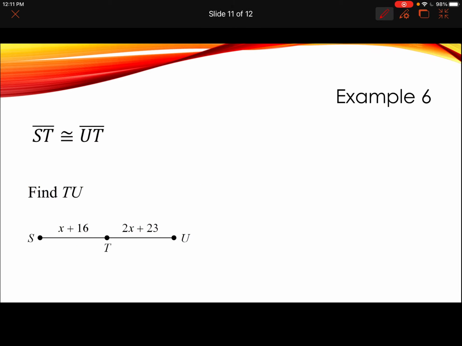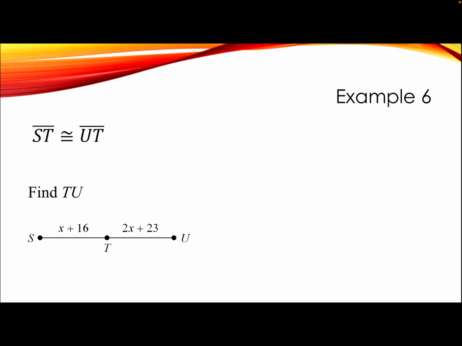So next we are told that ST is congruent to UT. So if ST is congruent to UT, we're going to mark that. We put a single mark on both segments to indicate they're equal, and we need to find TU.